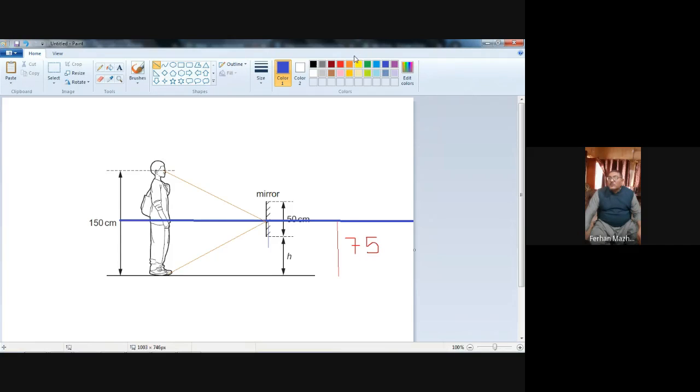So this height will be then how much? This total is 75. If the whole mirror goes down until the tip of the top of the mirror is here, because the mirror is 50, this will be how much?